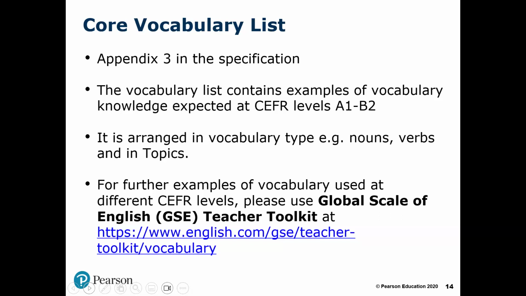Nevertheless, it's a really good list for teachers to work with and for students to aim to know. But knowledge beyond that as well may also be something that we would want students to have and to develop. After all, English is a living language, and they are learning English. They're not specifically learning this list of vocabulary.